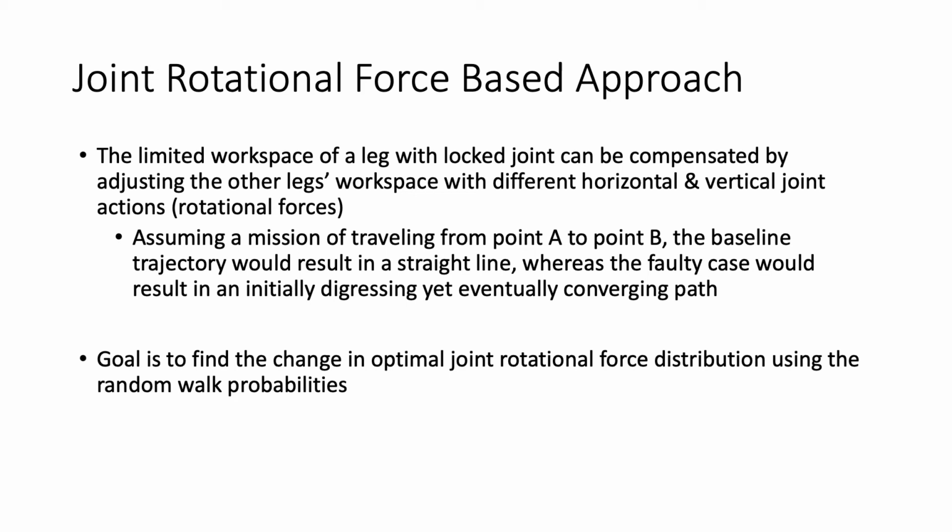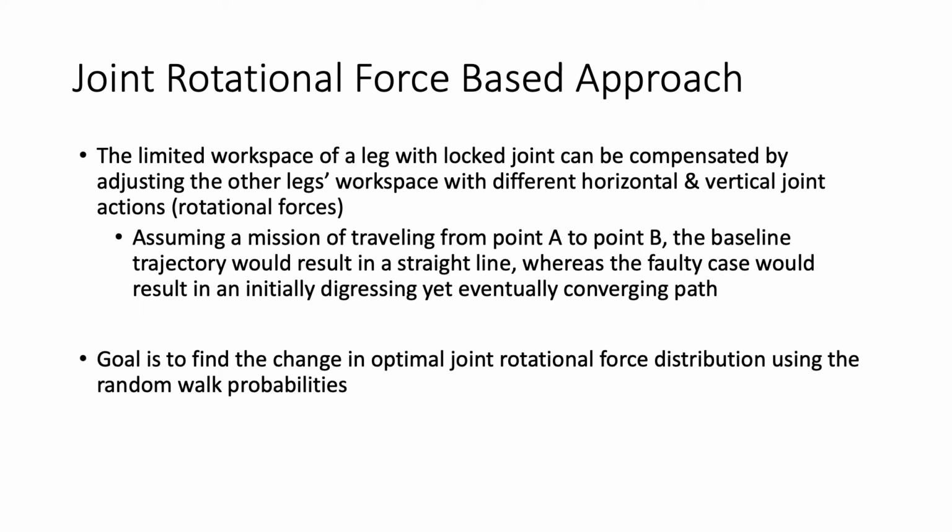Assuming we want the hexapod robot to travel from point A to point B in a straight line, when one of the joints has failed, the robot will initially move in a path that is not on the straight line, but will eventually adjust the other joints' rotational forces to move back to the desired path.